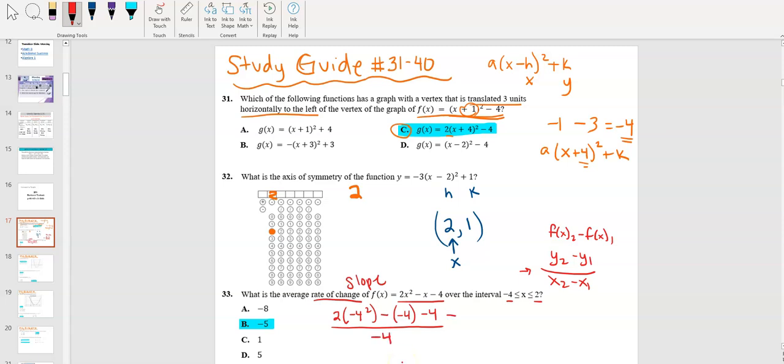I am then going to subtract that answer by 2 times 2 squared minus 2 minus 4, and all of this divided by 2. Again, I'm subtracting my f of x's, my y values, and I'm subtracting my x values. When you solve this, you should be getting 32 take away 2 over negative 4 take away 2. That becomes 30 over negative 6, which is negative 5.